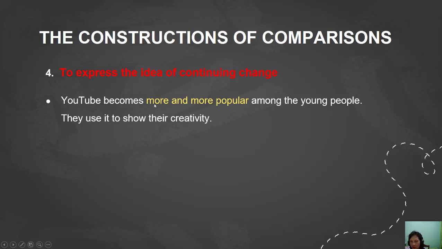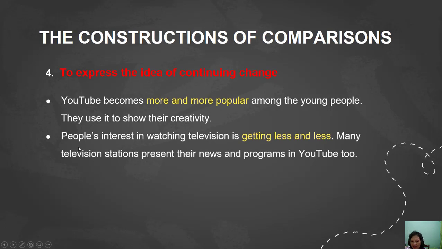If we use more, we repeat the word more, so more and more popular. This shows continuing change. You can also use it with less, like in the second sentence. People's interest in watching television is getting less and less. Many television stations present their news and programs in YouTube too. So you can use here like this, less and less.